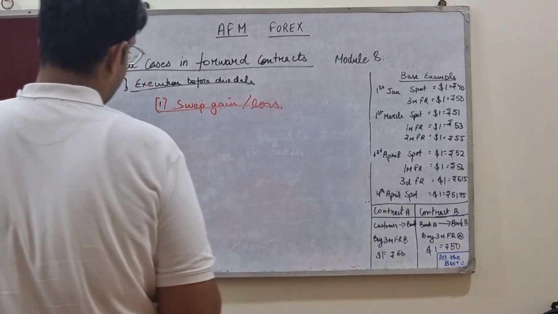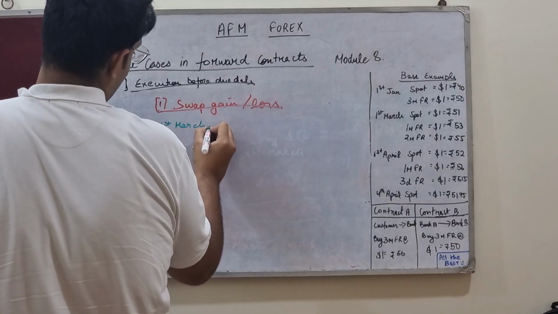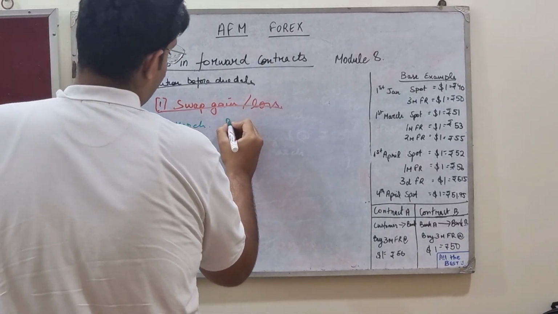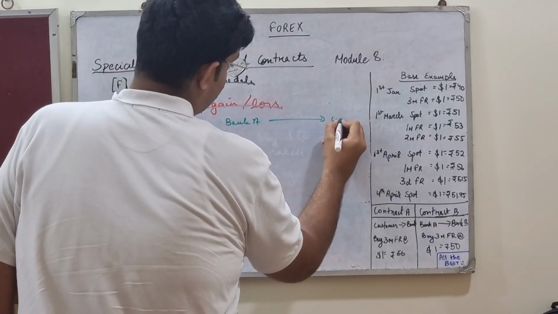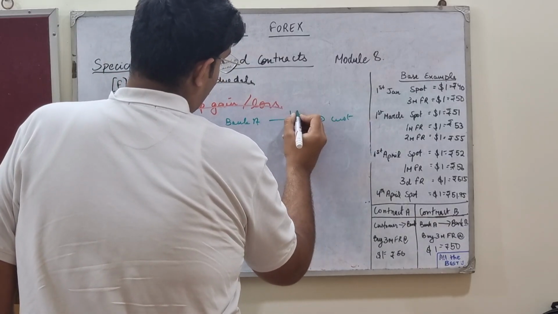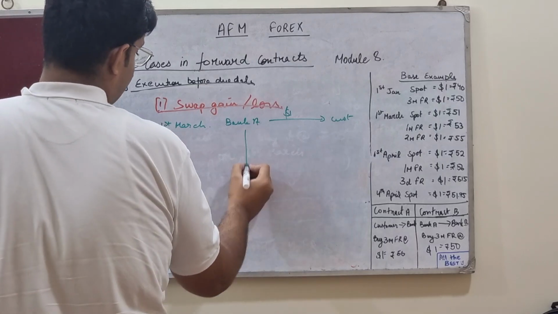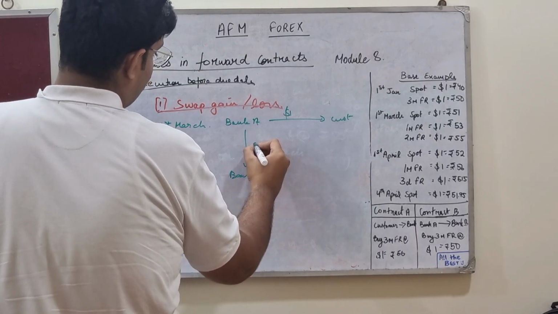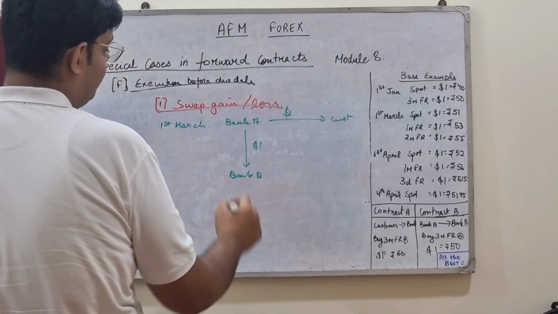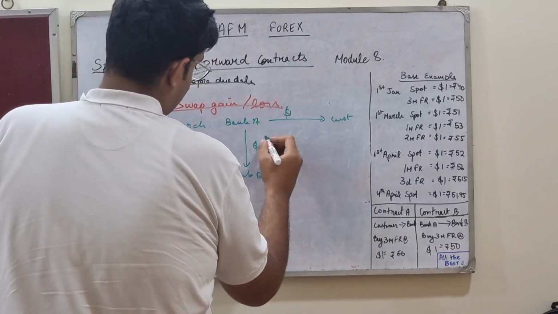Now, if you remember, we are on 1st March. On 1st March, bank A has to give the customer $1. Bank A doesn't have the dollar, so it will go to bank B to get that dollar, and bank B will sell the dollar.